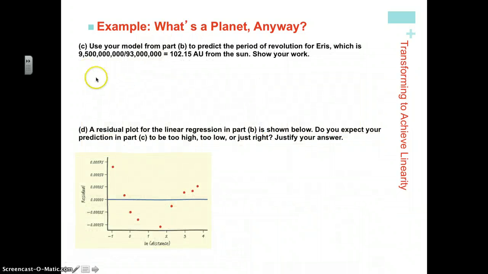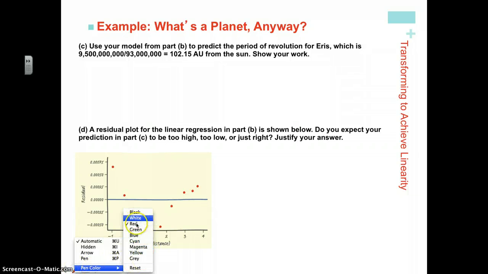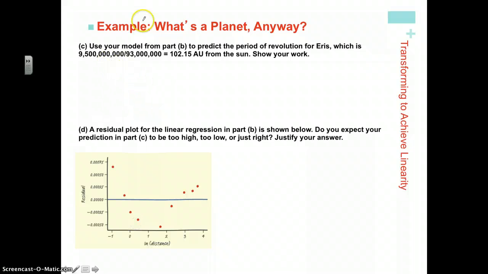Now we're going to use that model to make a prediction. We're going to have to make our prediction, but then we have to unlog it. So we have the ln of the period equal to 0.000254 plus 1.49986 times the natural log of the distance.